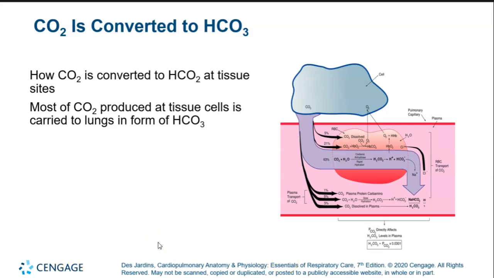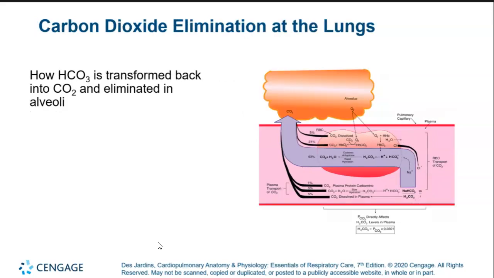So CO2 is converted to HCO3 at the tissue sites. Most of the carbon dioxide produced at the tissue cells is carried as that bicarbonate. So it gets shifted into those red blood cells and converted from CO2 to HCO3.